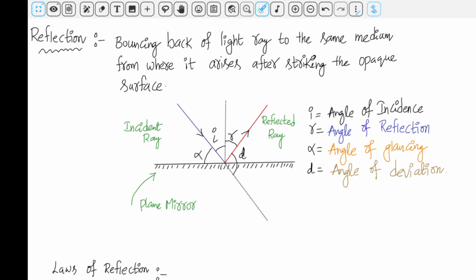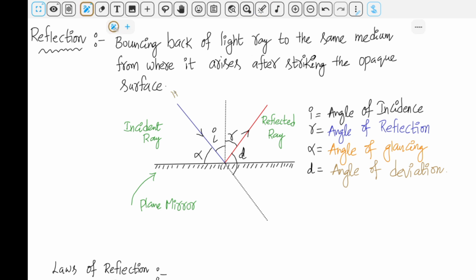Now I am just considering an oblique incidence. The meaning of oblique incidence is making some angle with the horizontal line. Now I am considering this as an incident ray which is coming from the light source. You can consider any light source here.